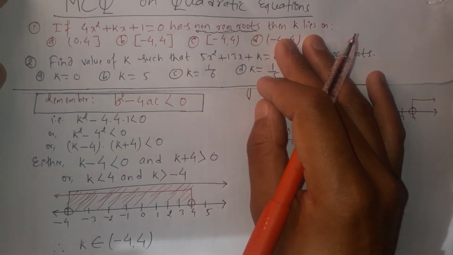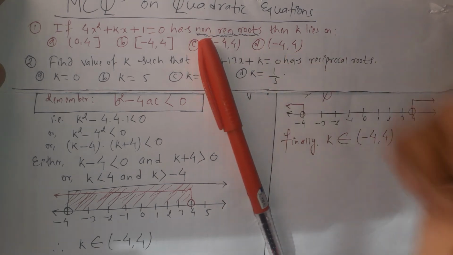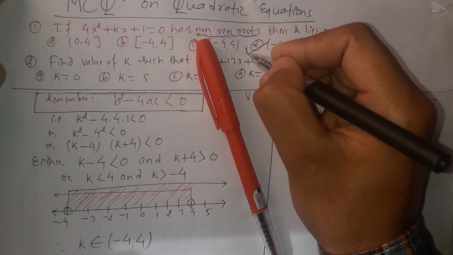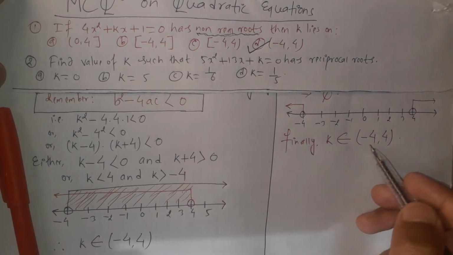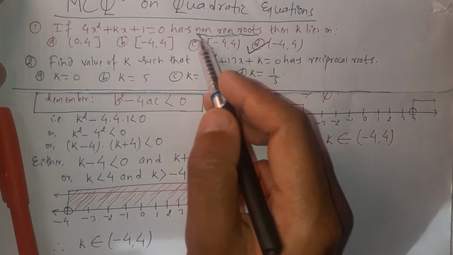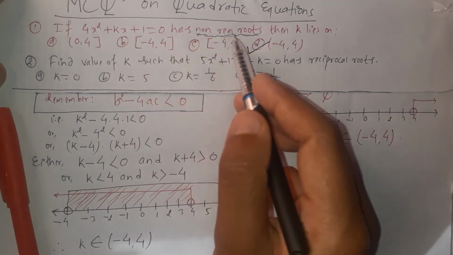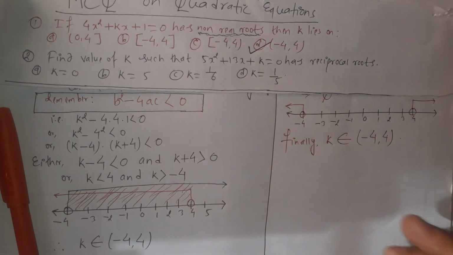Option D is the correct option. If the value of k belongs to the interval between minus 4 and plus 4, then the roots of this quadratic equation will be non-real, or imaginary roots.